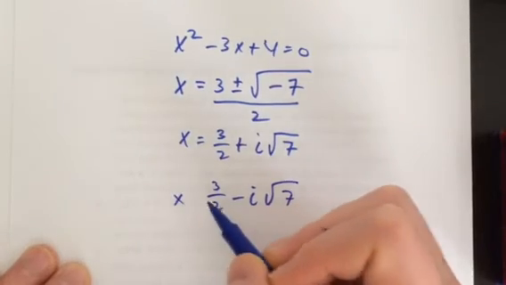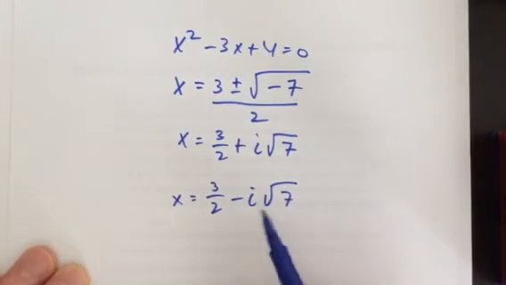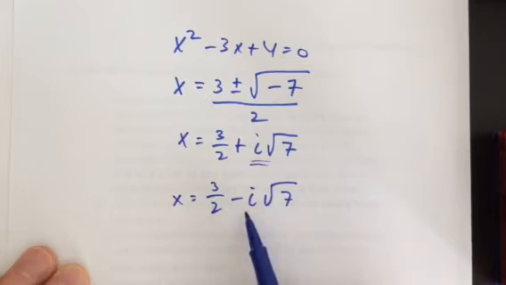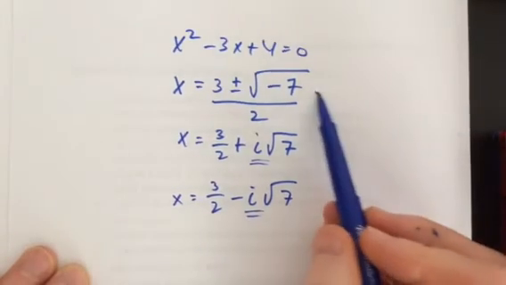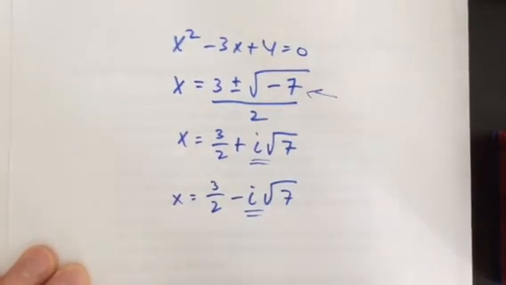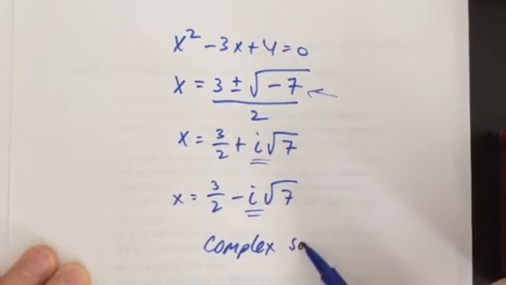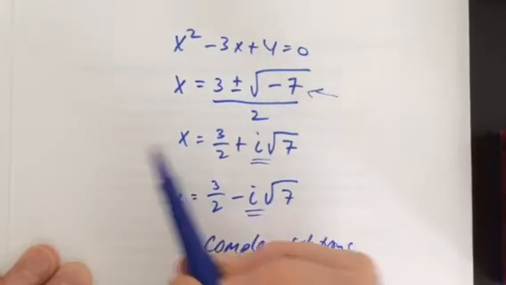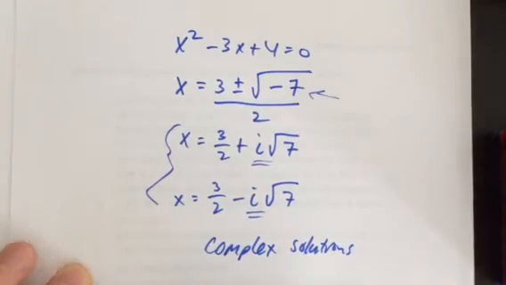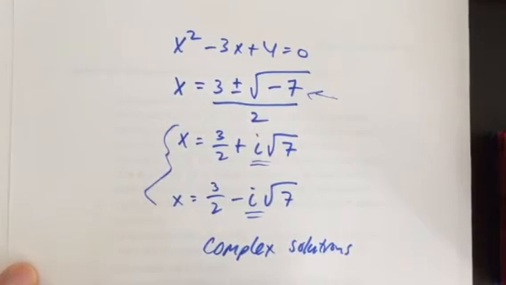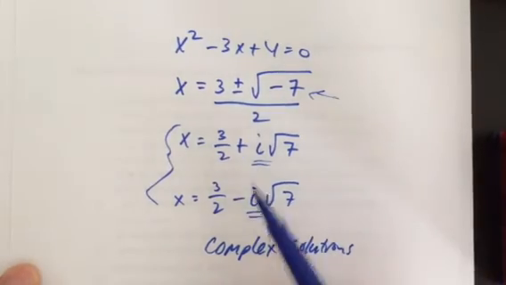We have two solutions here, and these are going to be complex solutions because they have a negative under the radical and an i in the final answer. So these are complex solutions, and there are two of them. And we always see complex solutions in pairs.